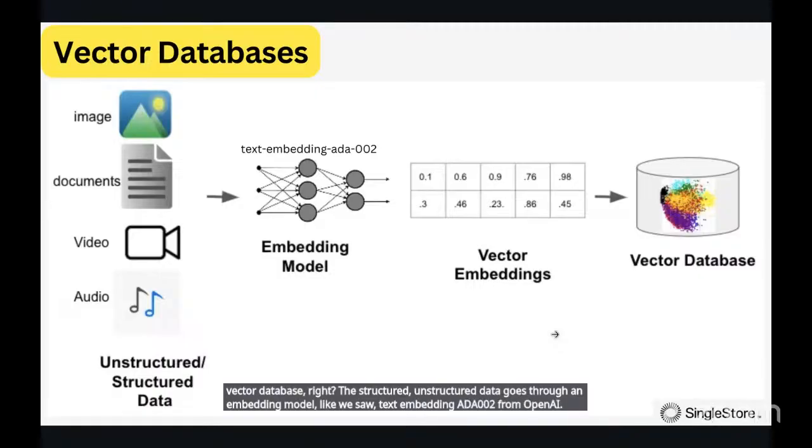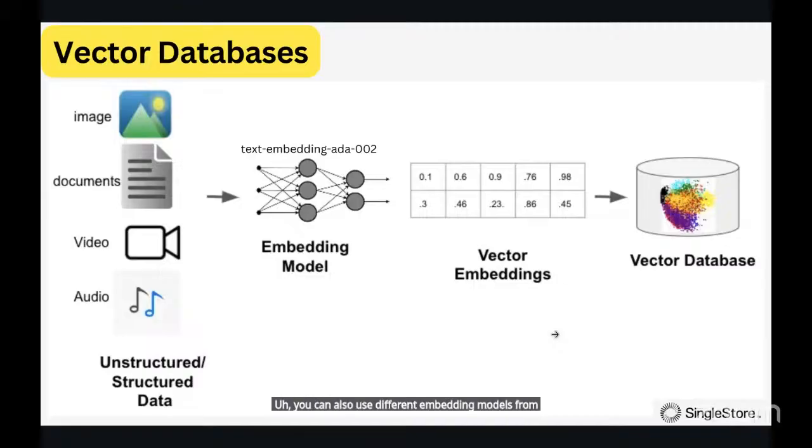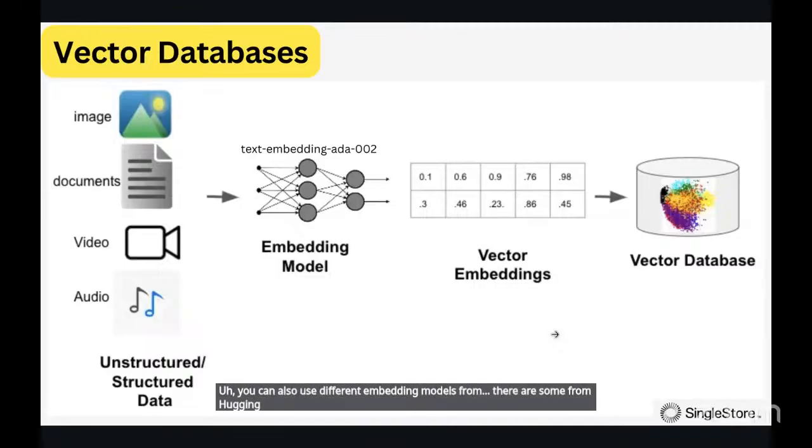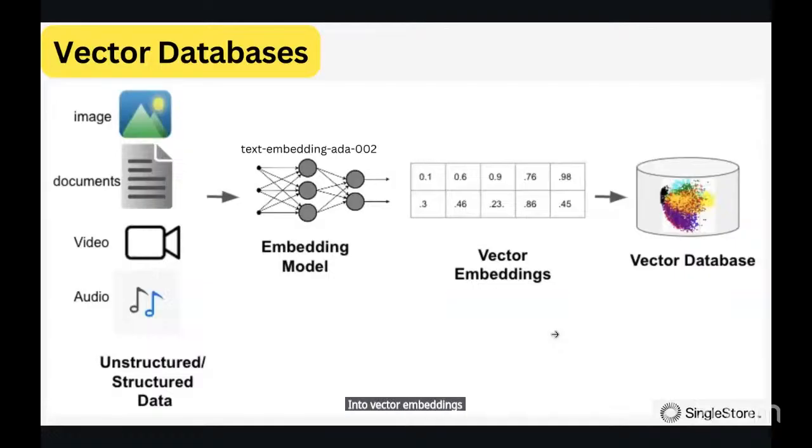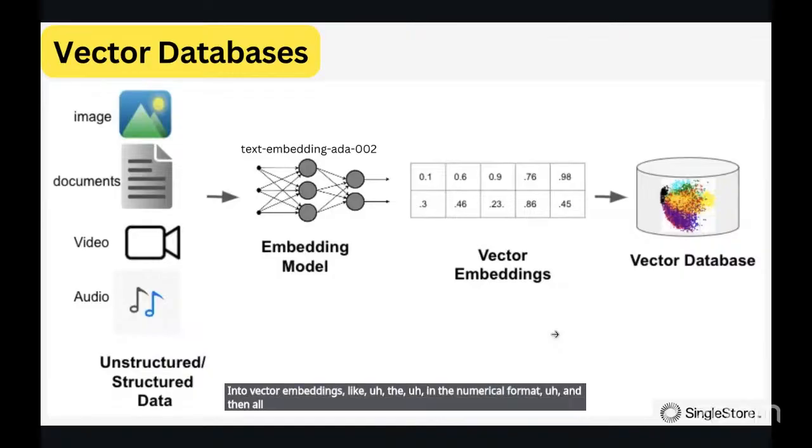You can also use embedding models from Hugging Face or Cohere. Then the whole text and documents get converted into vector embeddings in numerical format, and all these embeddings are stored in a vector database.